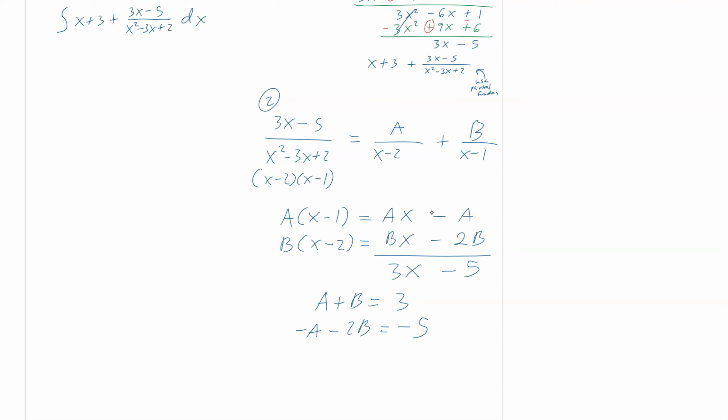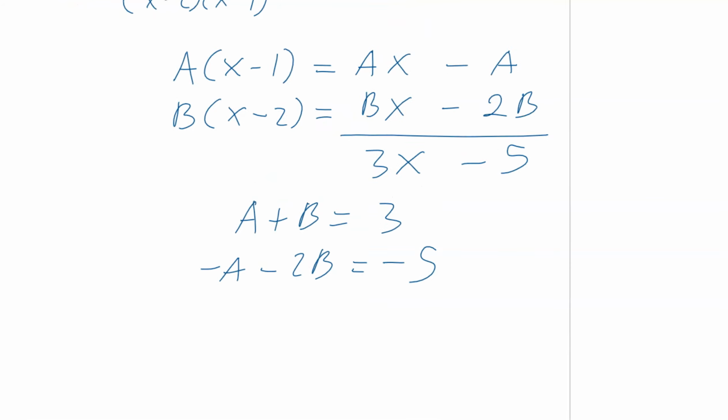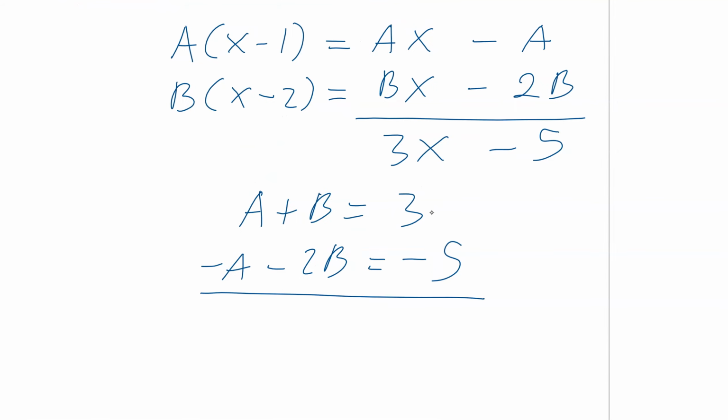So if we plug that into our matrices, this would be 1, 1, 3, negative 1, negative 2, negative 5. Or we could just solve it. And in fact, let's solve it since we didn't do it that way before, but you can use that matrix if you want. This is nice and quick. A minus a, and then this would give us just negative b equals negative 2, which means b equals 2.